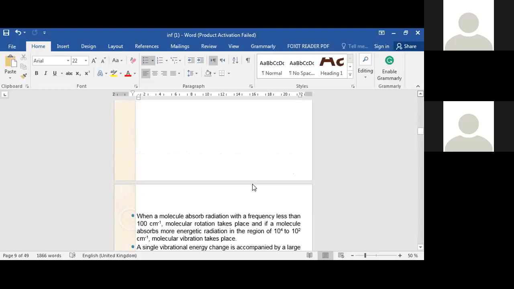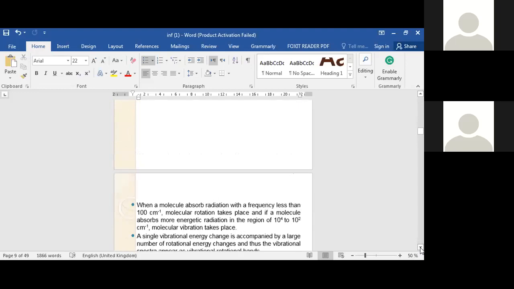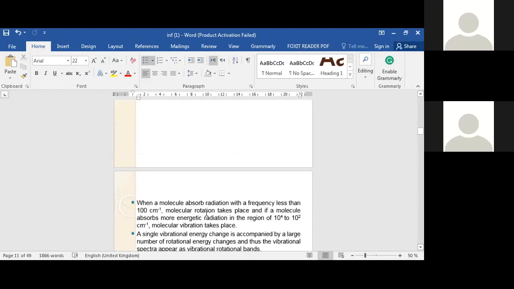When a molecule absorbs radiation with a frequency less than 100 cm^-1, molecular rotation takes place, and if a molecule absorbs more energetic radiation in the range of 10^4 to 10^2 cm^-1, molecular vibration takes place.